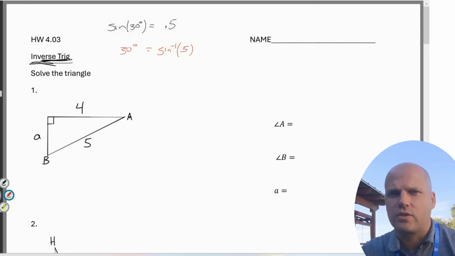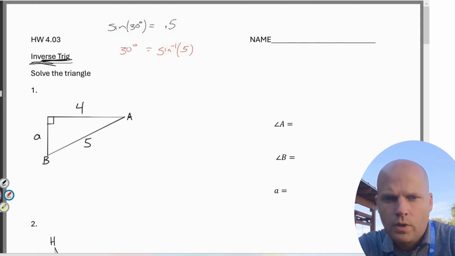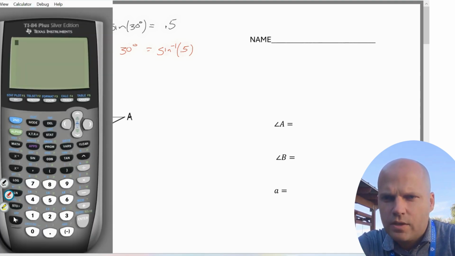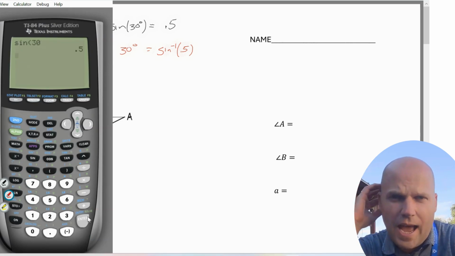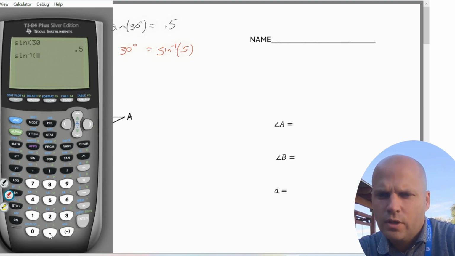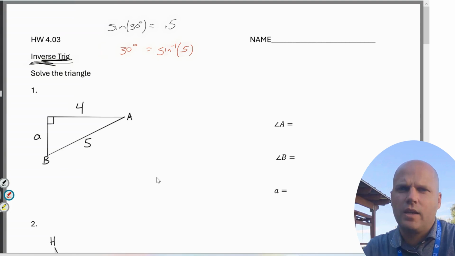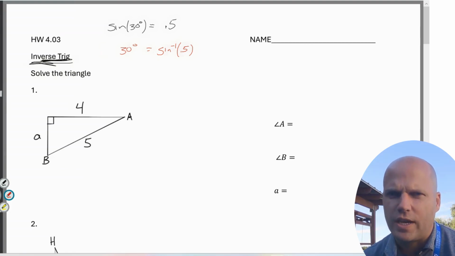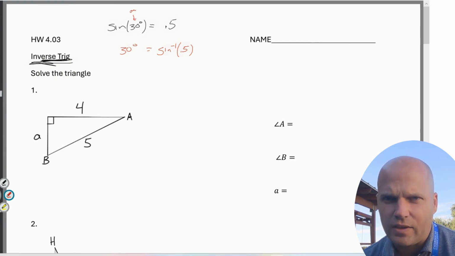You guys can see that yourself. If you type in the sine of 30 degrees, you get a half. We'll go ahead and do the inverse and type in the sine inverse of the ratio, you get the angle.